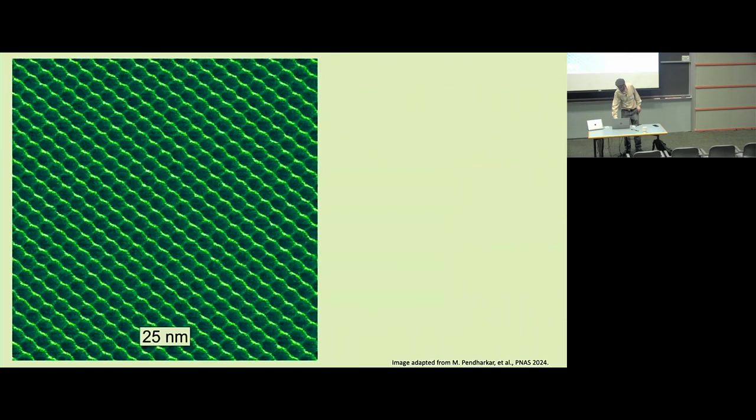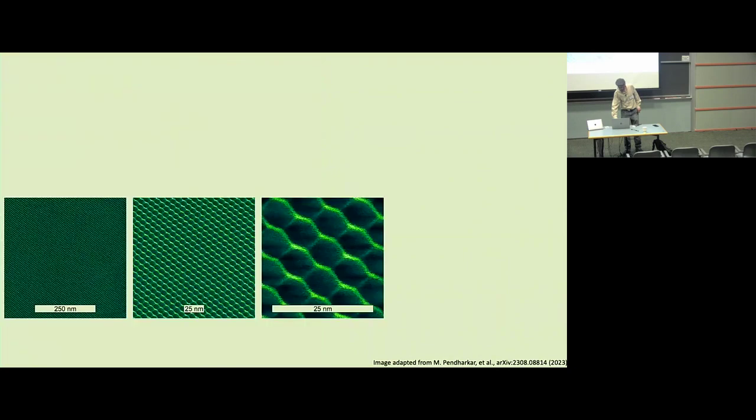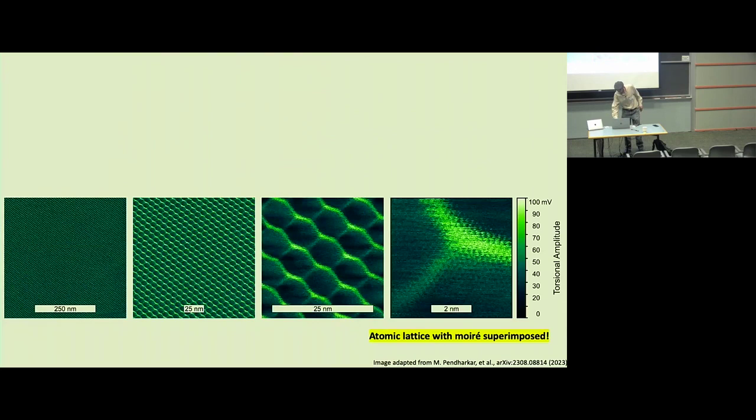Here's an example of a moderate scale image mapping out the moiré. We can go to larger scales, so this is about 0.5 micron in total. You can see it's a quite uniform moiré. We can zoom in further, and you can see the atomic lattice scale information as well as the moiré.